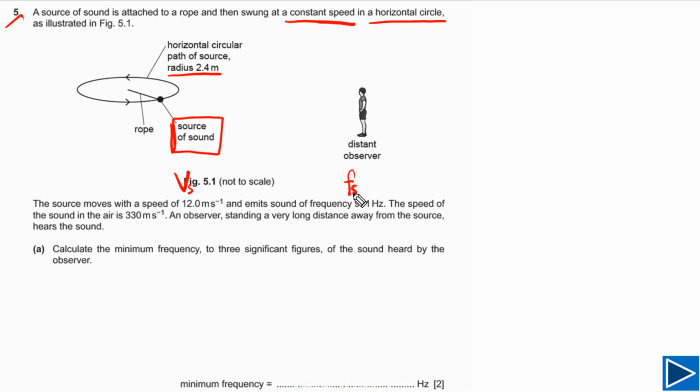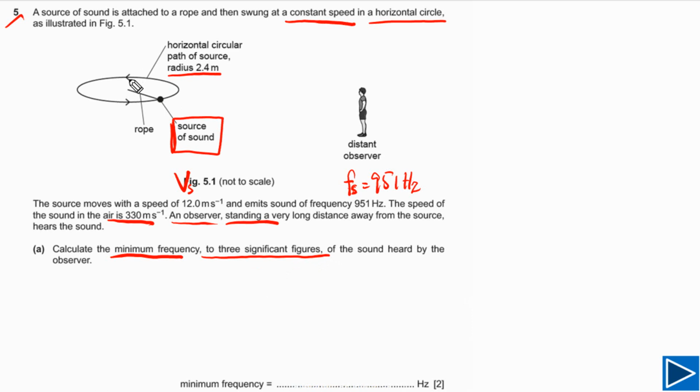So we can say this is Fs, equal to 950 hertz. The speed of sound in air is also given, and the observer is at rest. We need to calculate the minimum frequency, and in our answer we need to use three significant figures.